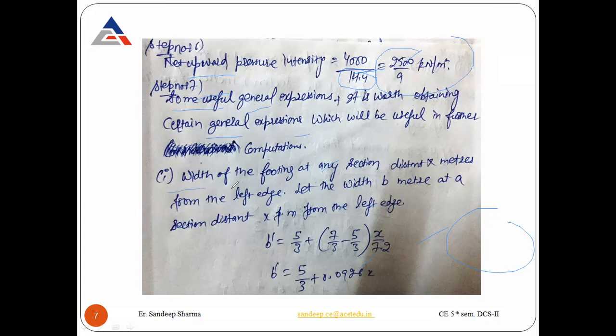In which, the first one is the width of the footing at any section. So these three expressions are very important. The width of the footing at any section, at a distance x meter from the left edge. So let the width be b' meter, at a section distance x from the left edge. So we have to calculate the width b' at the x distance from the left edge of the footing.